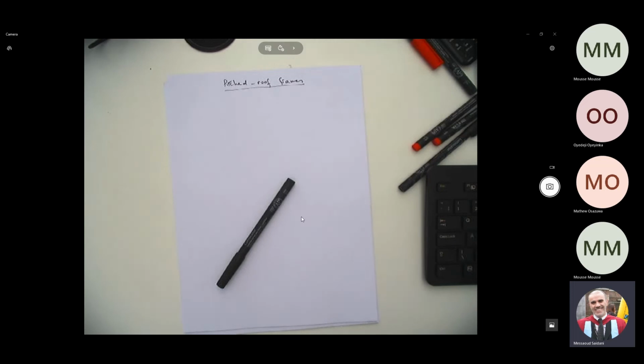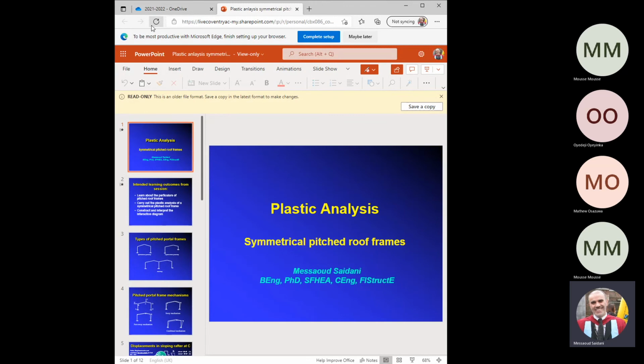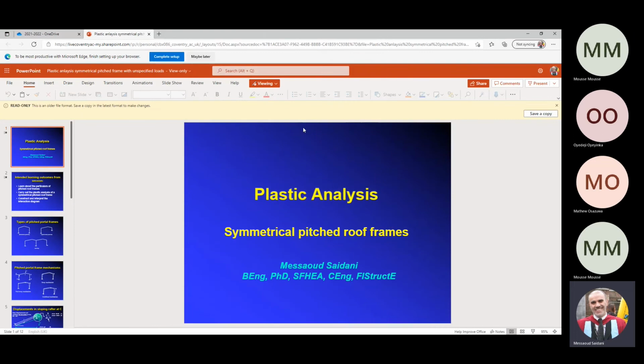Okay, so I'm going to start with the PowerPoint, and then I will go back to the visualizer. You should be able to see my screen now with the PowerPoint presentation.